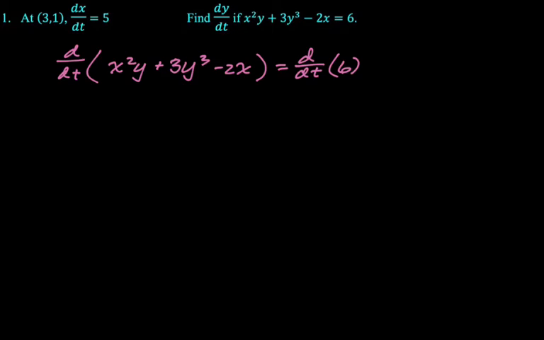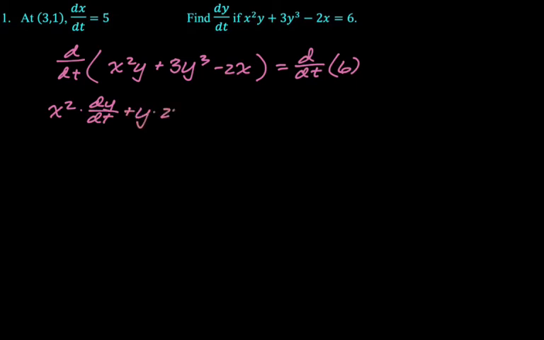So it's d/dt of the left side equals d/dt of the right side. Don't forget the derivative of a constant is 0. That's actually the main mistake I see people make when they actually know what they're doing. For x squared y, it's a product, so we use the product rule. First, derivative of the second is dy/dt.